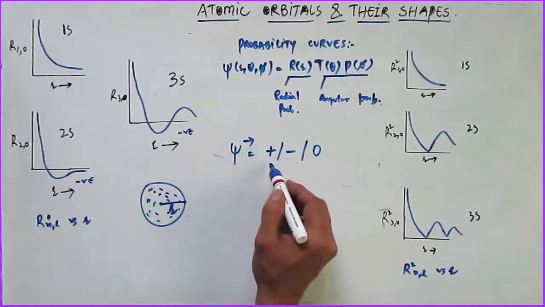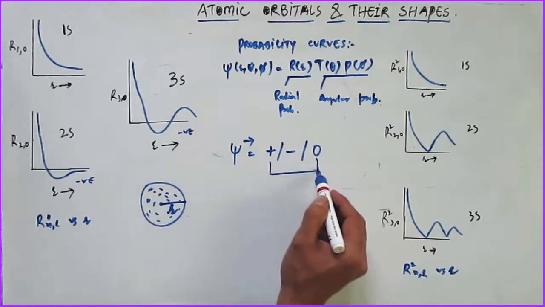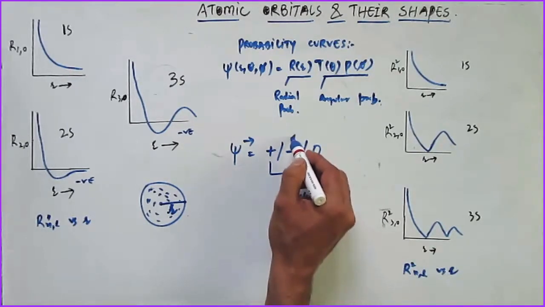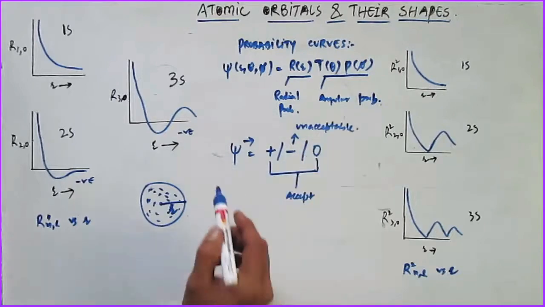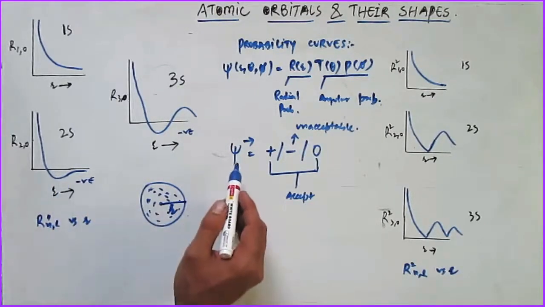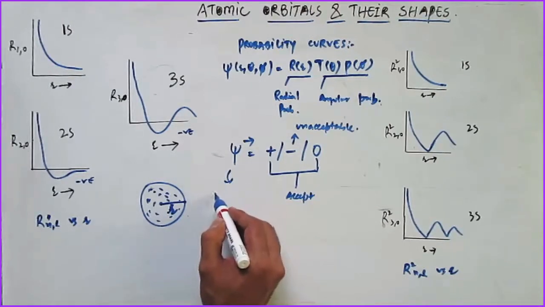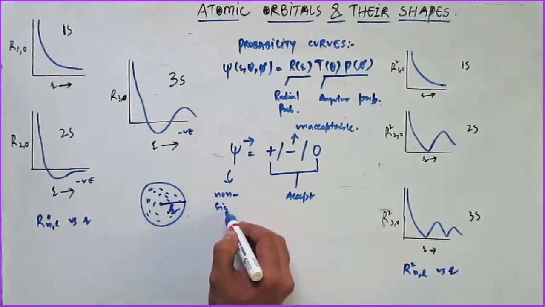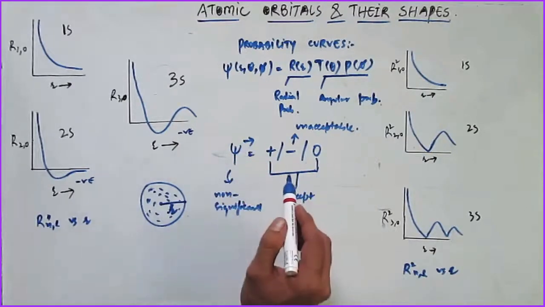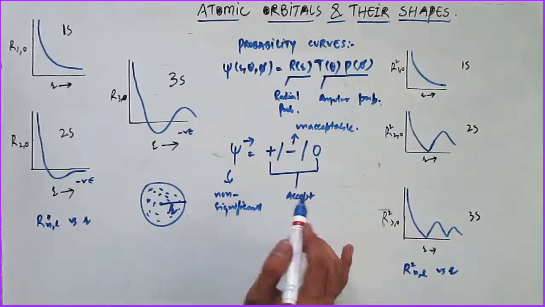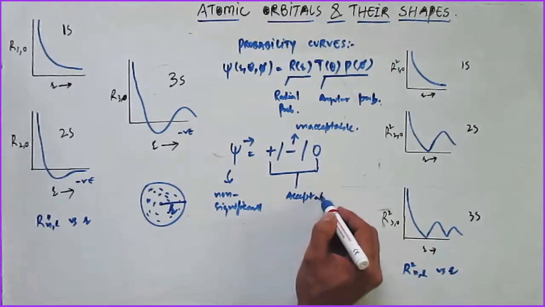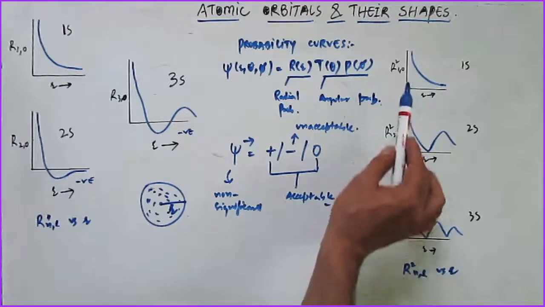For an electron probability, plus and 0 are acceptable, but a negative value is unacceptable. Since psi gives negative values, psi is non-significant. But if I square this psi, we get positive or 0 values, and those are acceptable. That's why we do the squaring.